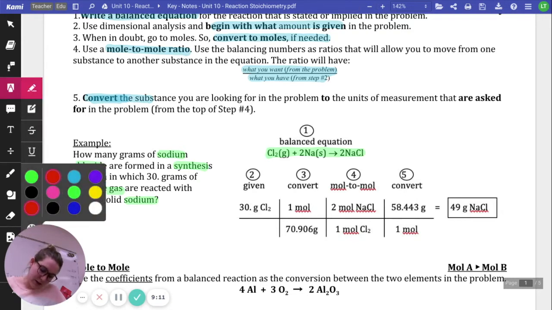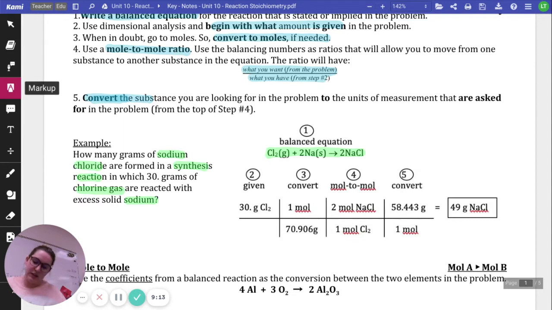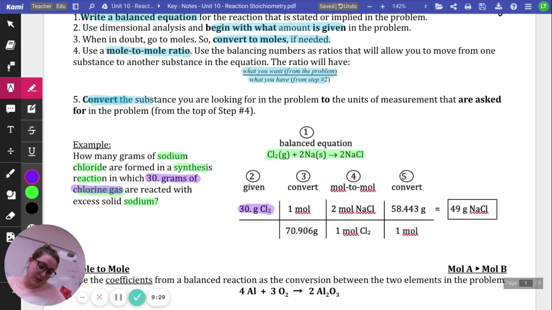Step 2, take what is given. In this case, our given is 30 grams of chlorine gas, and that's what I'm going to start with. So 30.0 grams of chlorine gas. Step 3 is get to moles. We're in grams, we're not in moles.